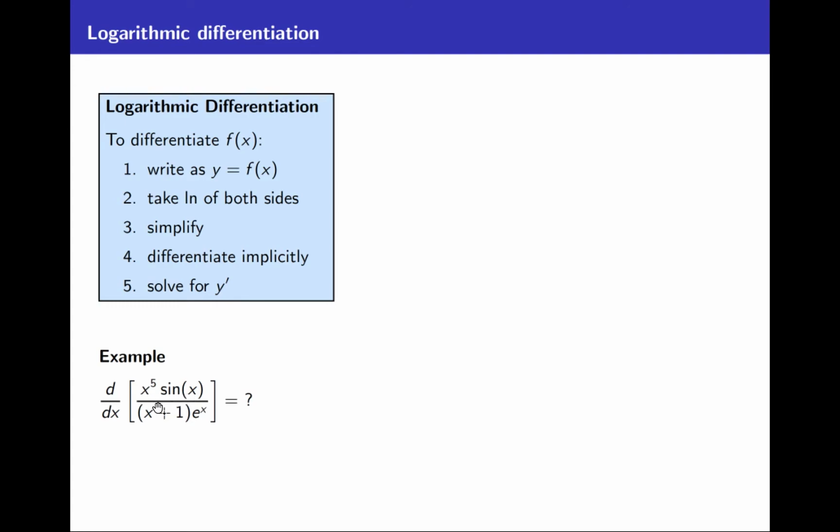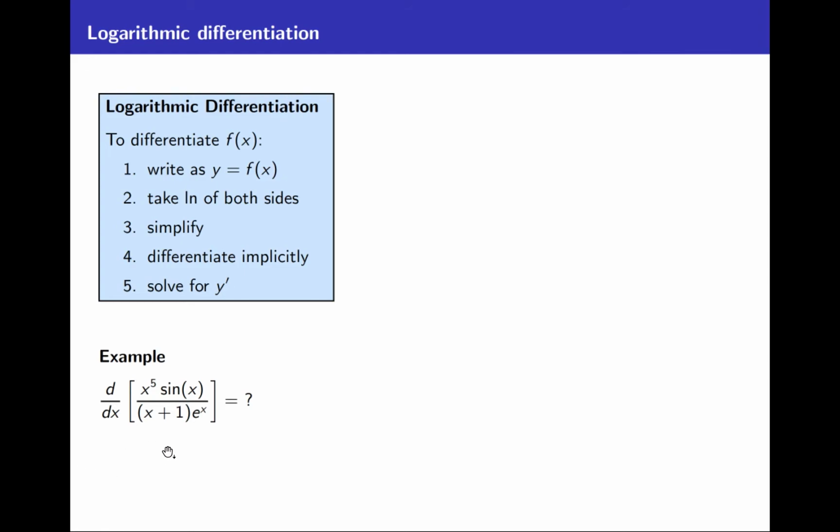But look at the top, it's a product, so you'd have to be using the product rule inside the quotient rule. And the denominator, that's also a product, so you'd be using the product rule twice in applying the quotient rule. And you can see that although that's doable, it's not the most fun problem in the world.